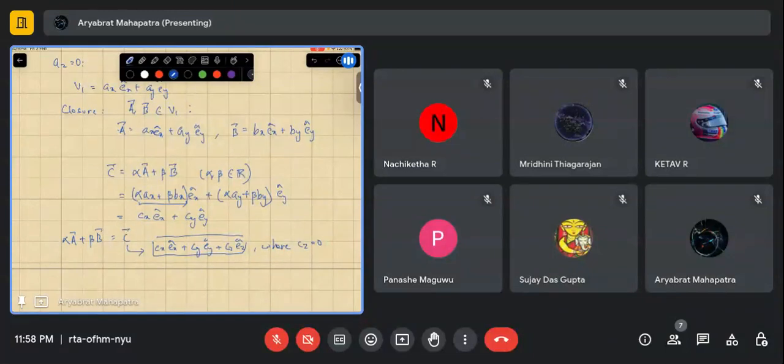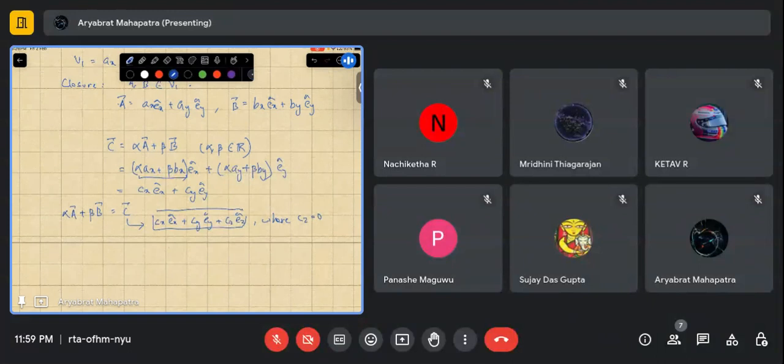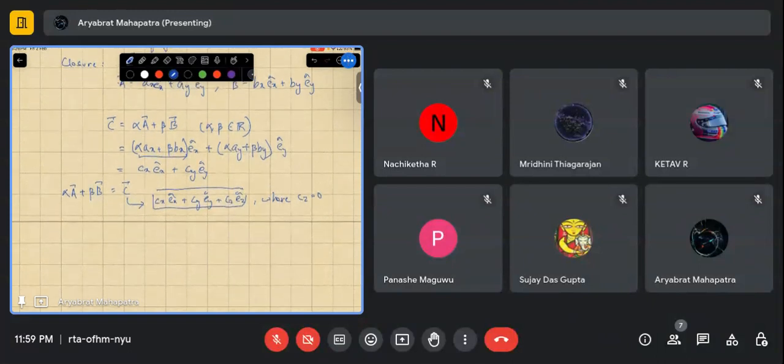With that, you can also prove other properties. There were other properties like associativity, commutativity, and the rest of what we were doing last time. This one is identity. Let's say I write some null vector as 0 ex.